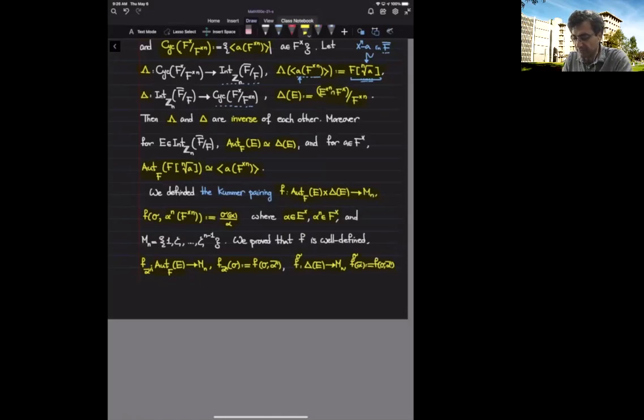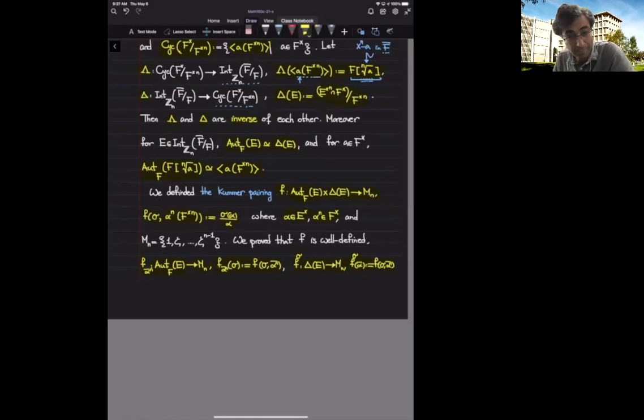So I'm getting alpha raised to power n. The assumption is that alpha raised to power n is in F cross, alpha is inside E, and then I'm looking at the coset that alpha to the n represents in F cross over F cross to the n. I give you such a coset and I give you sigma. Then what does the Kummer pairing give us? It applies sigma to alpha and divides by alpha.